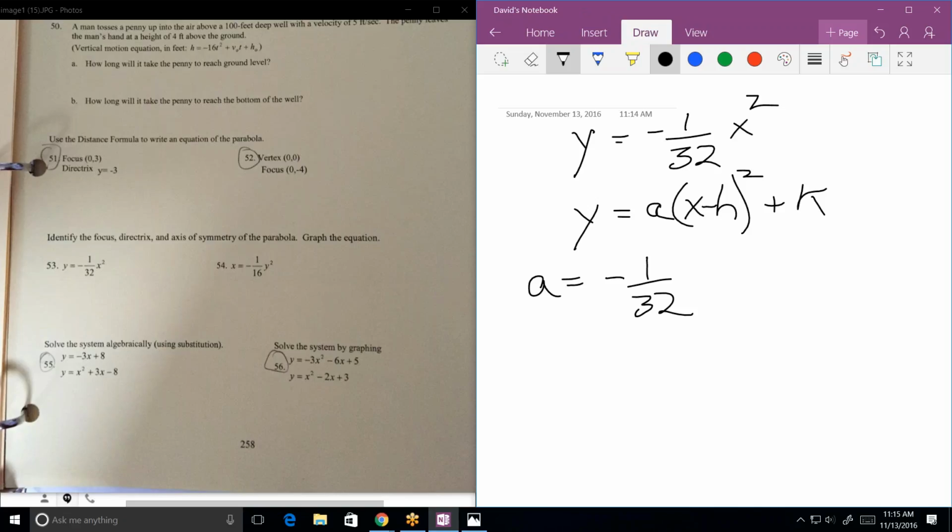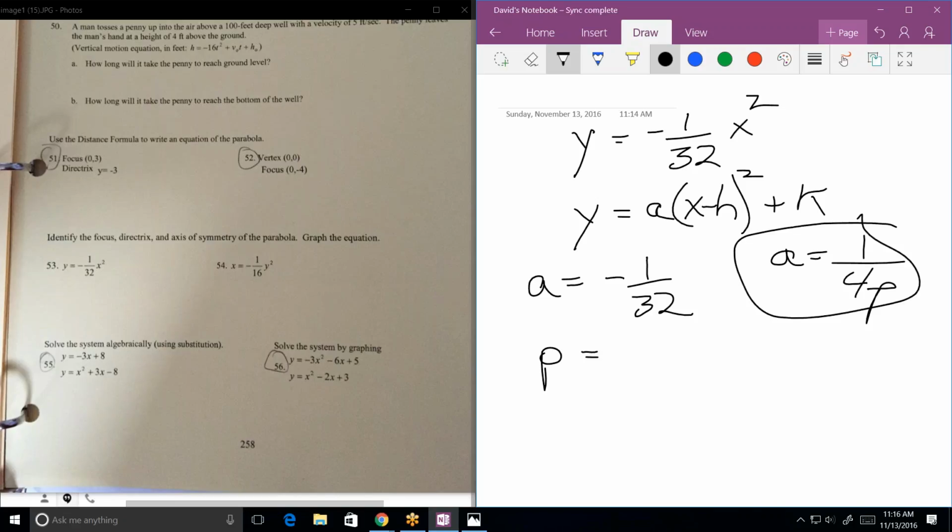Yeah. Now here they're asking for the focus, so here we do need to solve for p. What's the equation? How do p and a relate? P equals 4a. No. First of all, a equals 1 over 4p. Which means, now solve that algebraically. Tell me what p is equal to. P equals 4a.